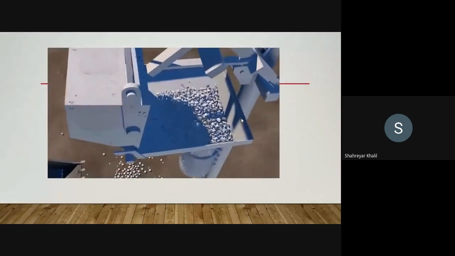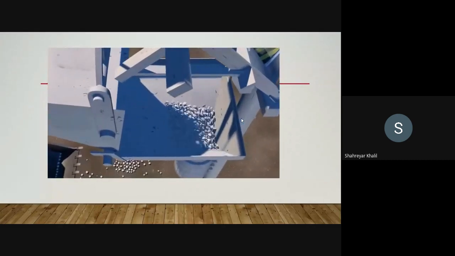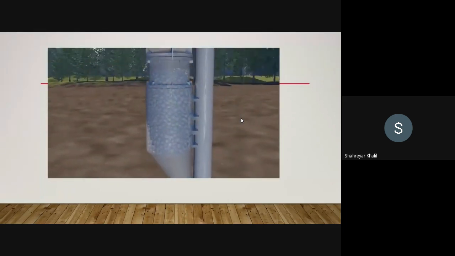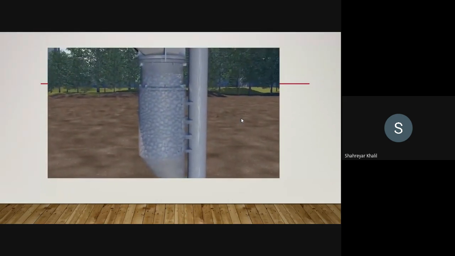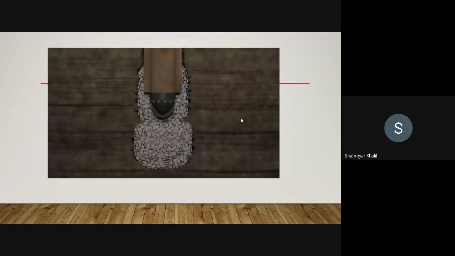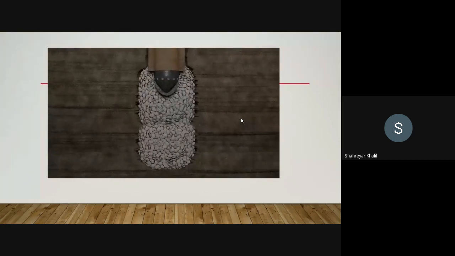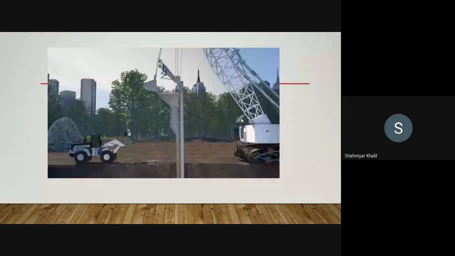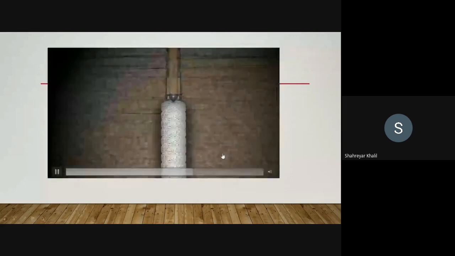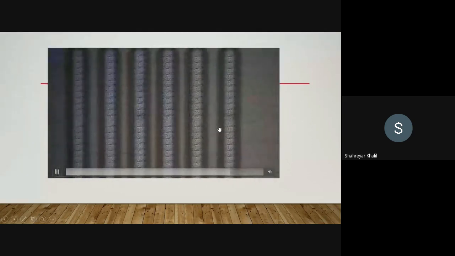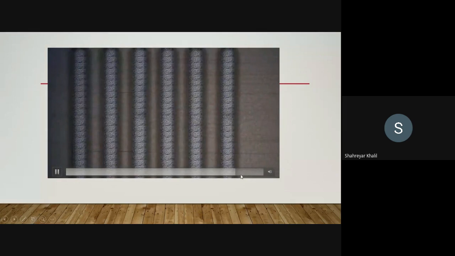The ballast is then also compacted through this tube. Here we can see as the probe moves upward, the ballast is compacted also. This is how different stone columns are constructed.